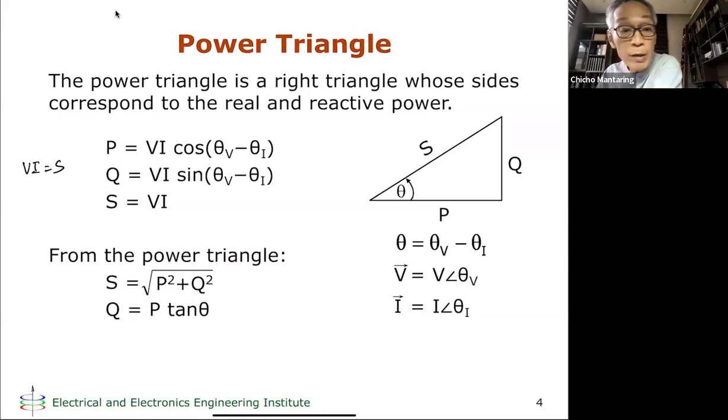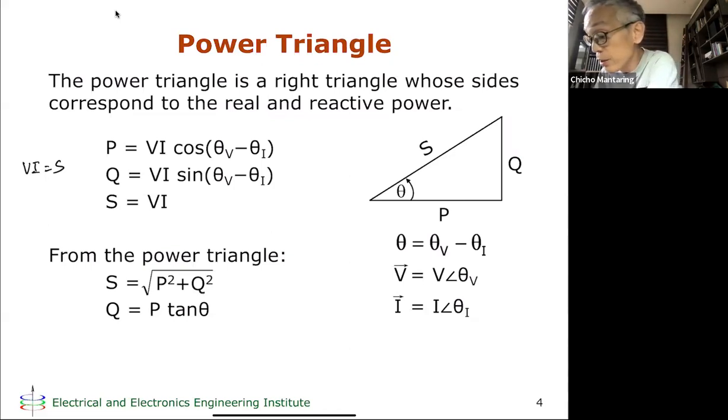From the power triangle, if we know P and Q, you can compute for S. If you know P and theta, you can compute for Q. As a matter of fact, if you know any two quantities in this triangle, there are four quantities here, you can compute for the other two.